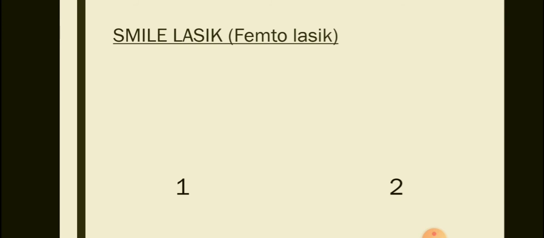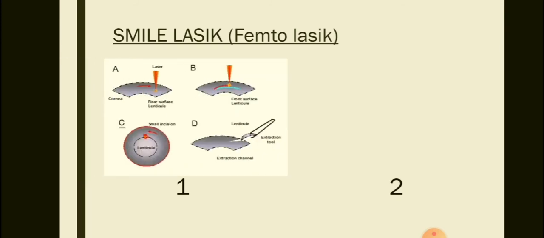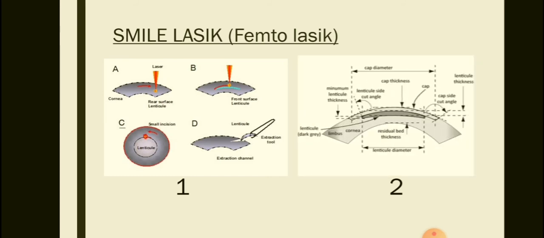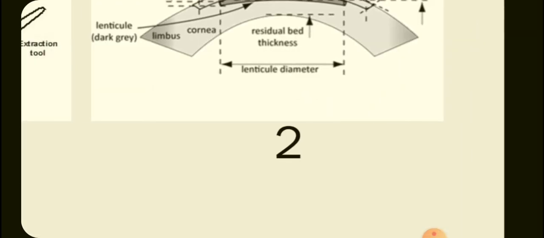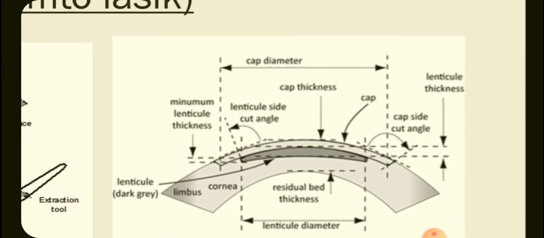Now let us move to SMILE LASIK, that is under femto LASIK, which is bladeless laser surgery. Here highly focused laser beams are used, one in the cornea superiorly and one inferiorly, so that in the middle of the cornea a lenticule is created, and by a forceps-like instrument, you can see the lenticule in the middle.